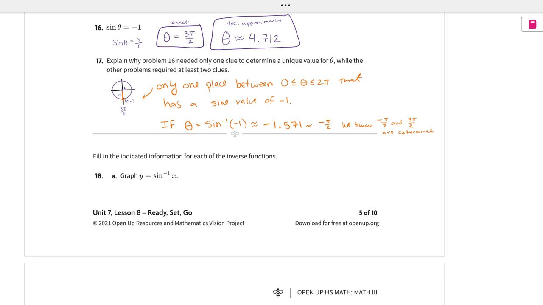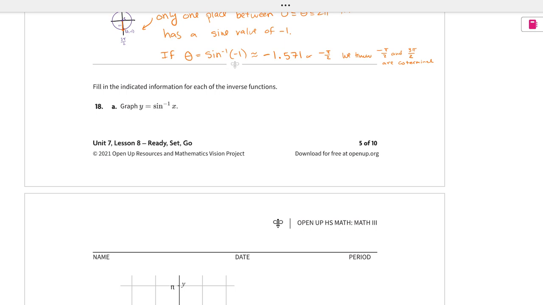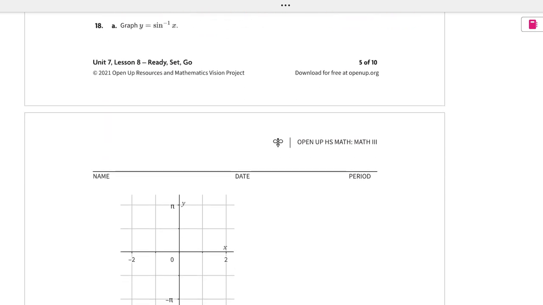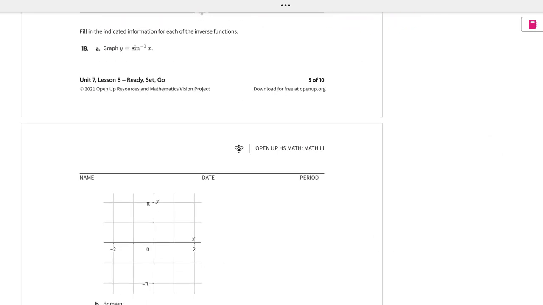Okay, so fill in the indicated information for each of the inverse functions. It wants us to graph y equals sine inverse of x, and it gives us a little grid underneath. So I actually think it'll be helpful to do the domain and range first, right?